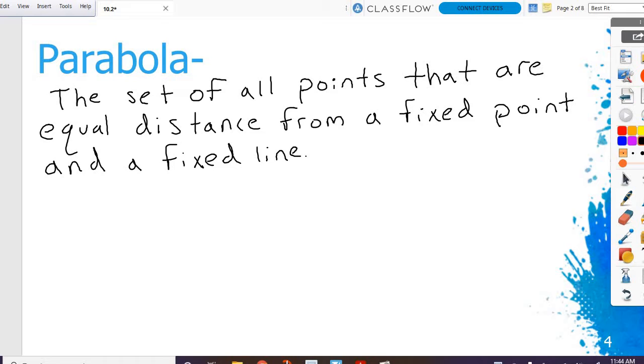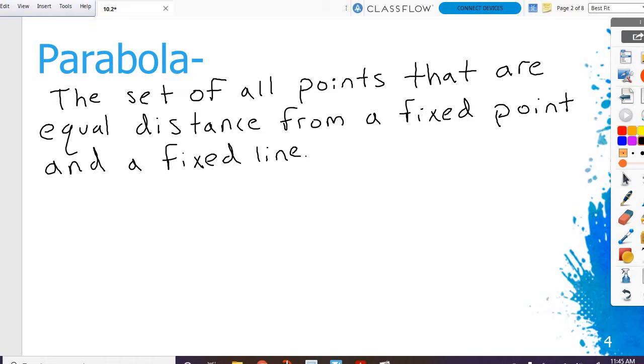So did any of us ever do constructions in geometry where you actually had to build the shapes out of certain characteristics? I'm talking about your geometric shapes.